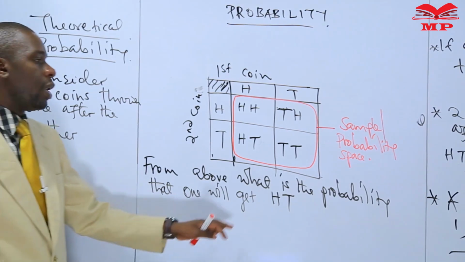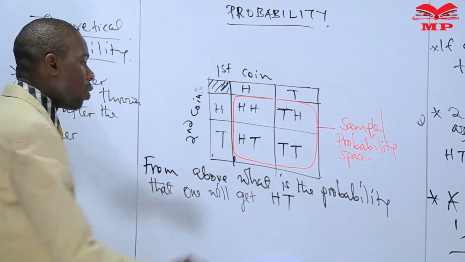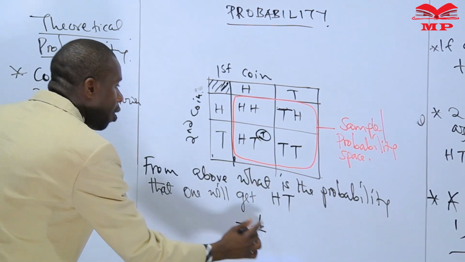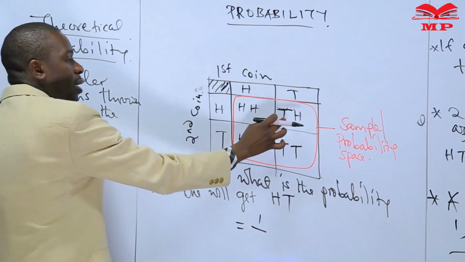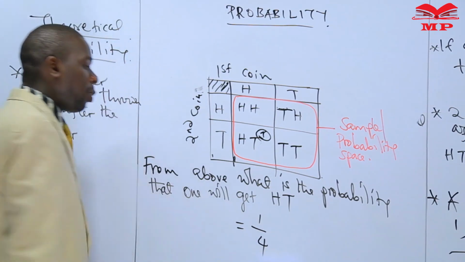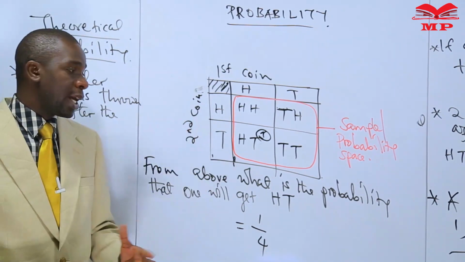So in this situation, we'll come to our sample space and find that head, tail in that order is only 1. Here it is. So the probability is 1 over the total number of outcomes in our sample space, which is 1, 2, 3, 4. So that probability is a quarter, and we've done this without having to do an experiment.